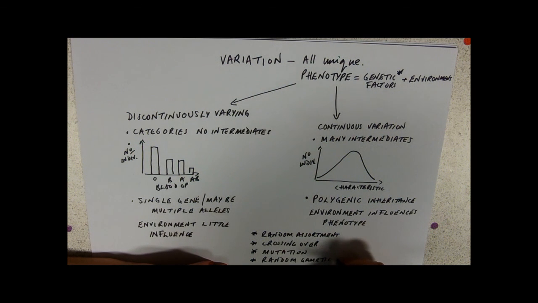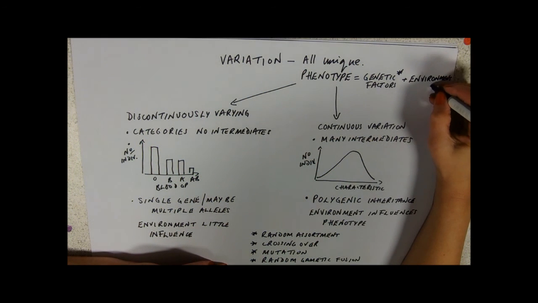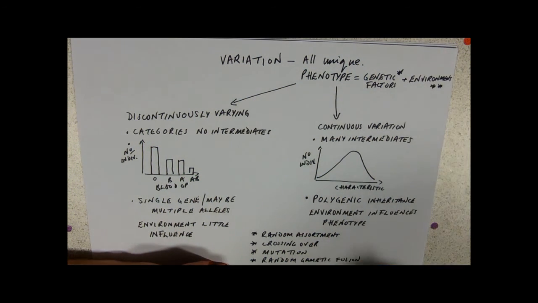It shows us random gametic fusion, but just for 1 or 2 characteristics. And I'm going to put in there tentatively epigenetic factors, bearing in mind that they might also be environmental.